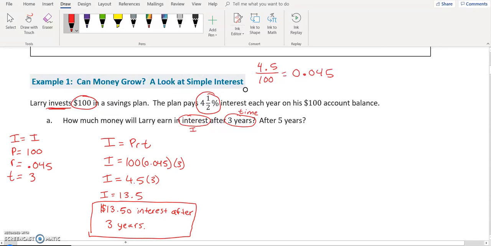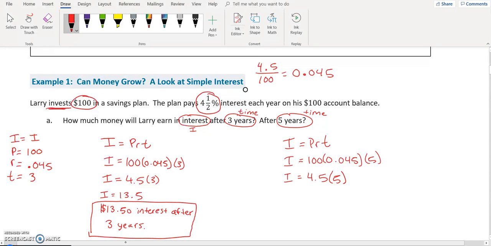Well, the only thing changing here is the number of years, is our time. Okay, so I is equal to PRT. Again, we don't know I. We do know P is 100. Our rate is not changing. But what is changing is the number of years. So I is equal to 100 times 0.045. We already said was 4.5. That didn't change. The only thing changing here is the number of years.